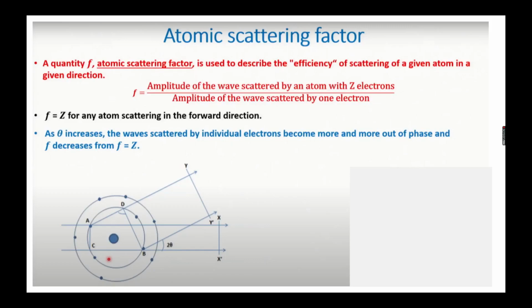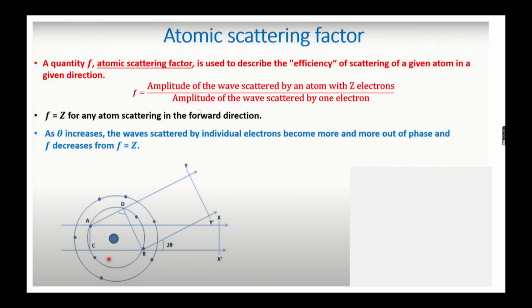So it is used to describe this efficiency. Okay, the term efficiency is in inverted commas, just remember. Of what? Scattering of a given atom. So there will be the atom which will get scattered, and the direction is also given.